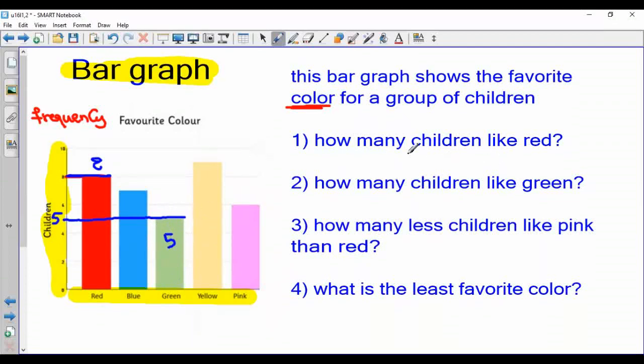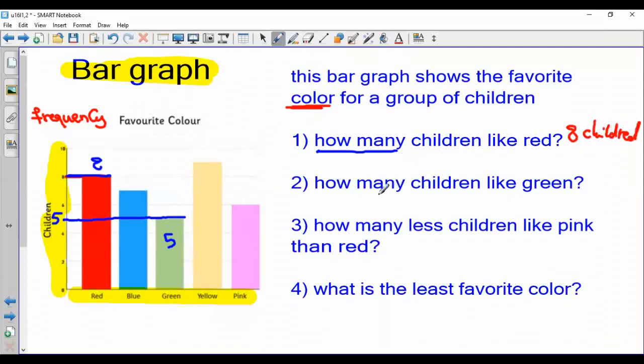Let's answer the question. How many? It refers to frequency. How many children like red? I will look at the red bar. The top of the red bar is exactly at 8. So the frequency of red color is 8. So 8 children choose red as their favorite color.